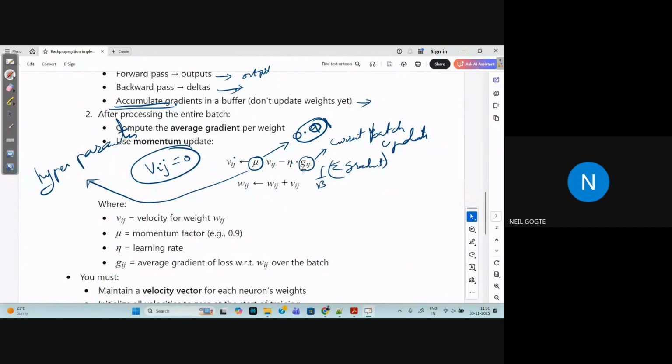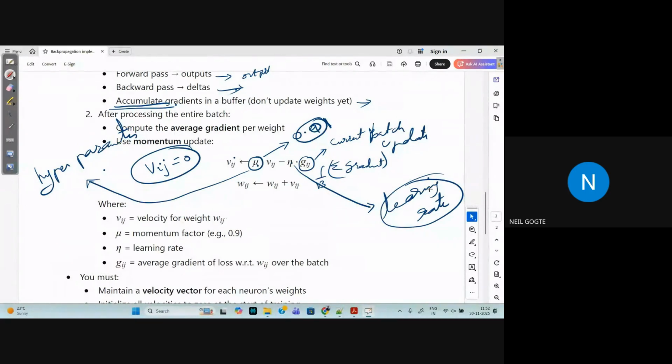This mu and eta, I'm calling it nu, because when I went to school, they used to call this nu. Its names have changed. I'm just joking. I call it nu. This is called learning rate. We know this. So this learning rate and this hyperparameter which decides the momentum are both hyperparameters.